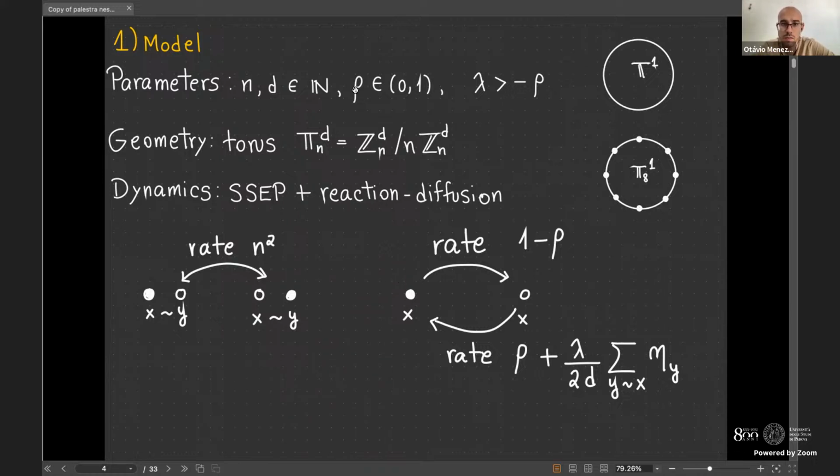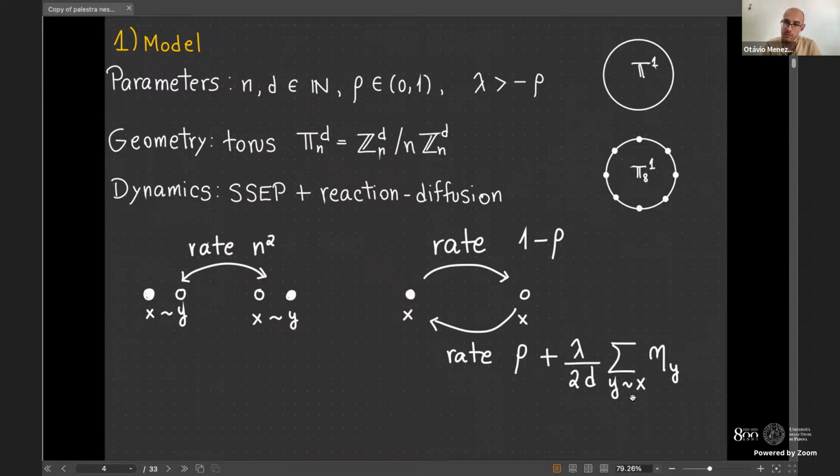We fix some density rho between 0 and 1. If a site is occupied, we kill the particle at rate 1 minus rho. And if the site is empty, we create a new particle there at a rate that is rho plus something that depends on the neighbors. If you don't have this lambda term, then what you actually have are independent spin flips.